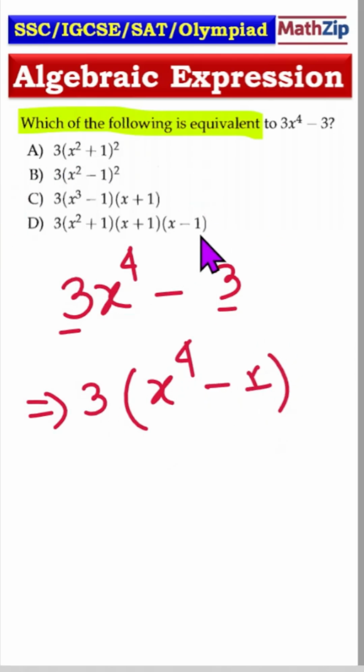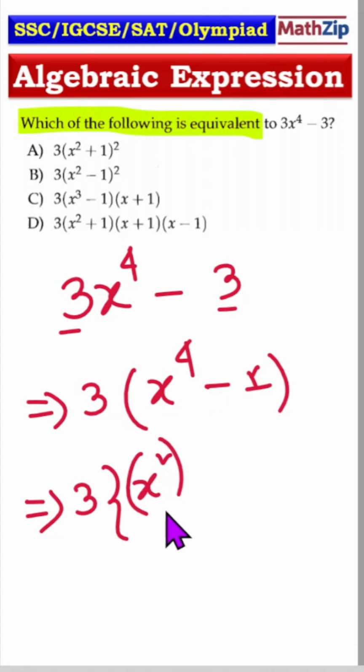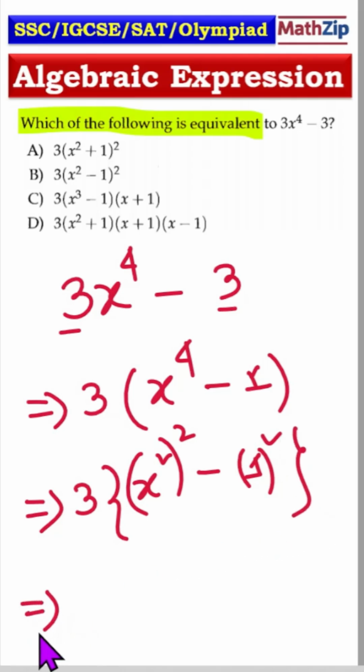But here still not similar to any one. Next we can write 3, and this x^4 we can write x squared squared, and also same 1 squared. Now look, 3 here, x squared and minus 1 squared, it's looking like a squared minus b squared.